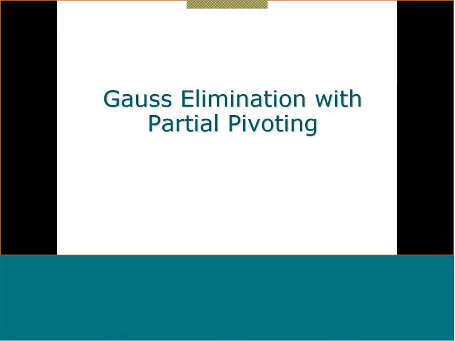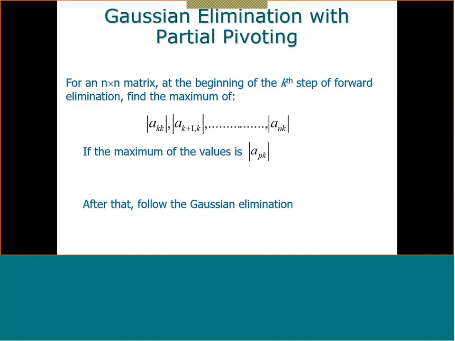What should we do? Here you reach the kth step. You apply it during the forward elimination, and you are in the kth step. So this is your matrix, and here you are in step k.